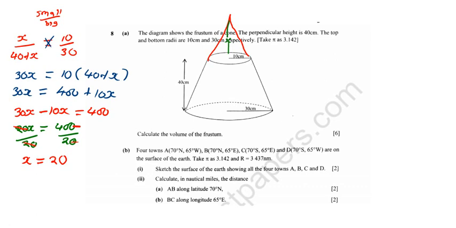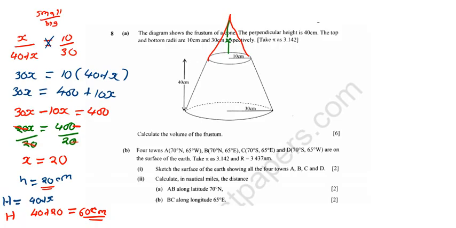That means that my x, which is representing the small height, is equal to 20 centimeters, whereas my big height, which I'm solving as 40 plus x, will be 40 plus 20, and I'm getting 60 centimeters. So 60 centimeters is my big height.